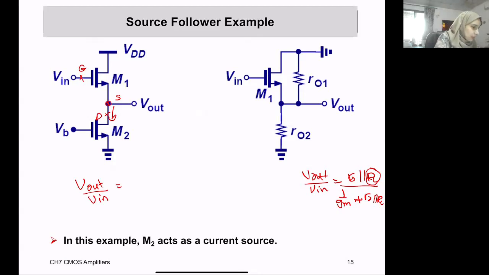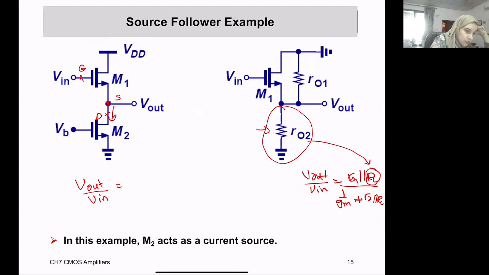So this transistor M2 is acting like a current source with an impedance R out 2. This is what we discussed in the previous class. If we are looking from the drain side, we will see R out 2, and if we are looking from the source side of the transistor, you will see 1 over Gm. So here the RL has been replaced with R out 2.